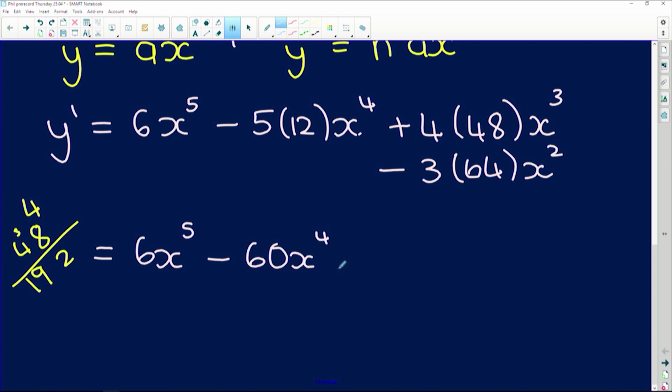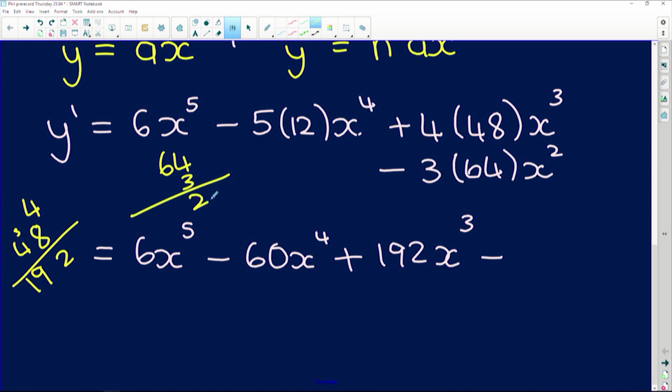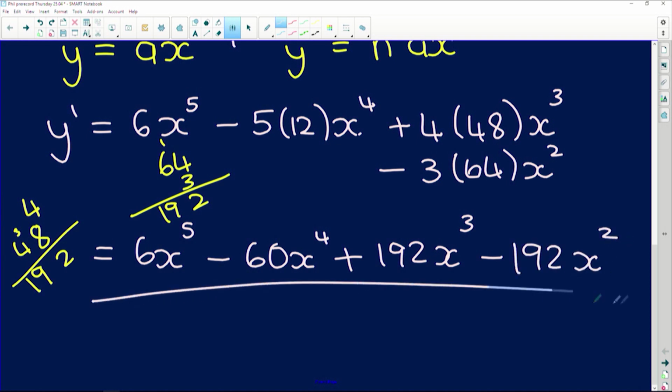Okay, so we get plus 192x cubed. And then this last one, 3 times 64, I'm also going to do some mental maths. 3 times 4 is 12, carry the 1. 6 times 3 is 18, plus 1 is 19. Hey, check, the same digits in the coefficients. Okay, so we get 192x squared. And that is the derivative.